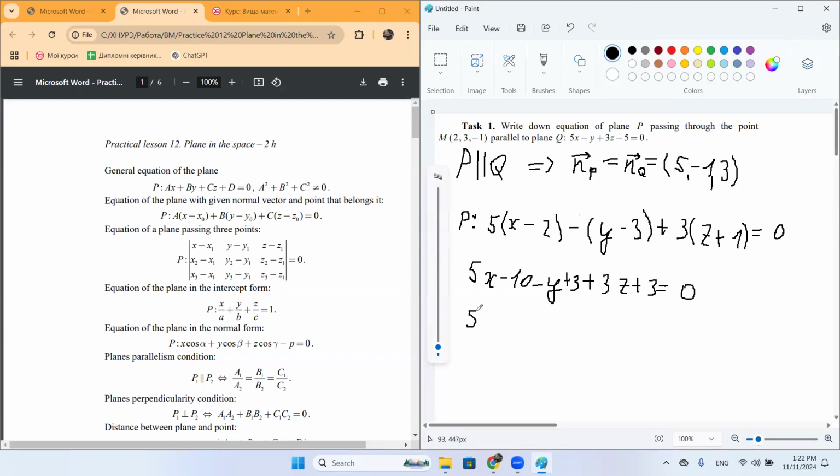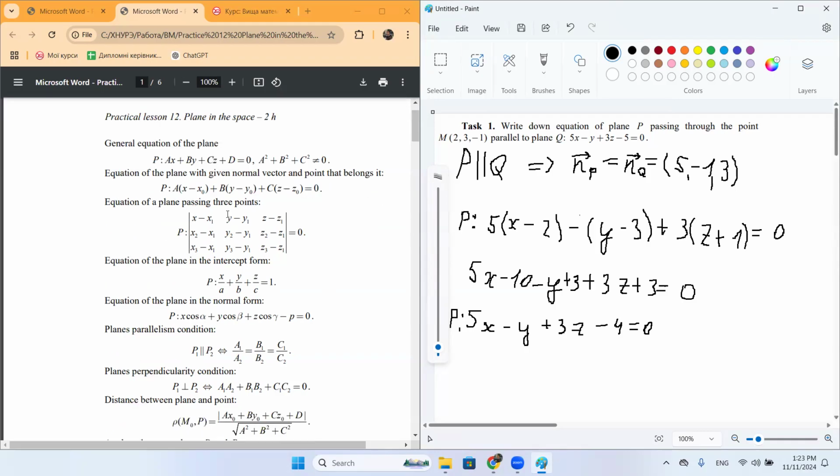So finally, 5x minus y plus 3z minus 4 equals 0. So this is the equation of the plane P. Any questions about this task? No questions. Okay, moving next.